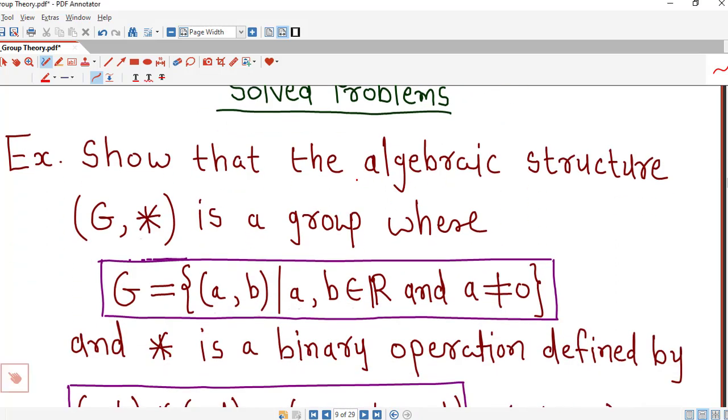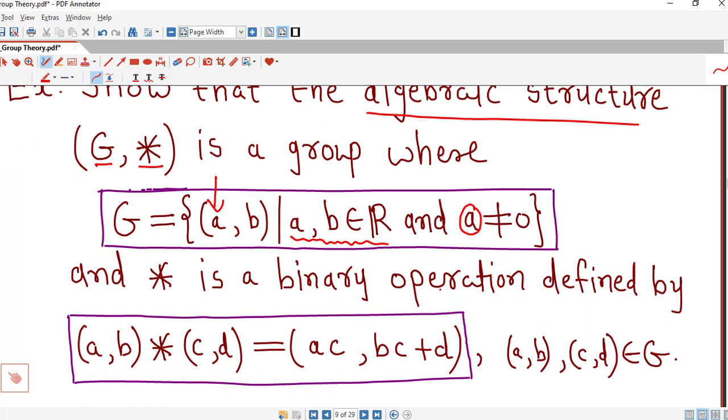Show that the algebraic structure (G, *) is a group, where G is the set of all ordered pairs (a, b) where a and b are real numbers and the first component of this ordered pair is non-zero, and * is a binary operation defined by (a, b) * (c, d) = (ac, bc + d).